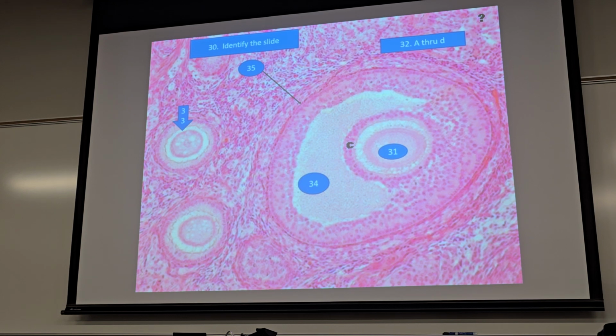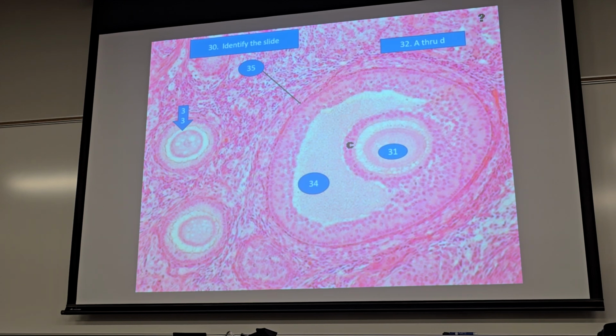Right, primary follicle. Okay, so let me do a little bit of explaining. When we look at your ovaries, not only do we look for things like corpus luteum. Corpus luteum is easy. If you haven't seen one, make sure and see one before you leave. But we also have to determine what is a primordial follicle. Right, and we'll see one in the next slide, okay? The primordial follicle is surrounded by simple squamous epithelium.